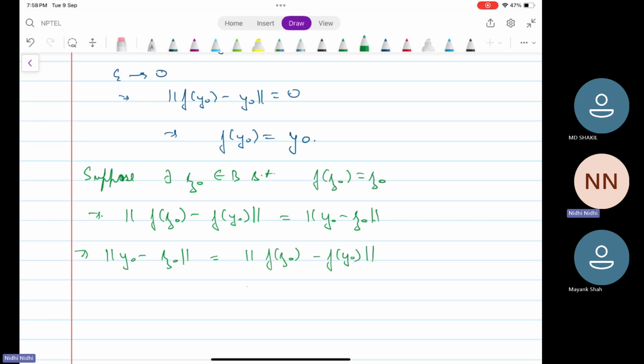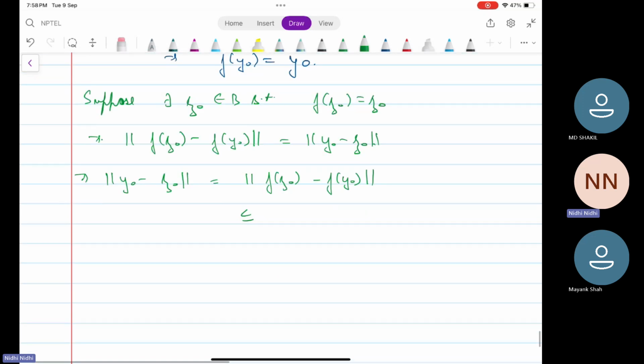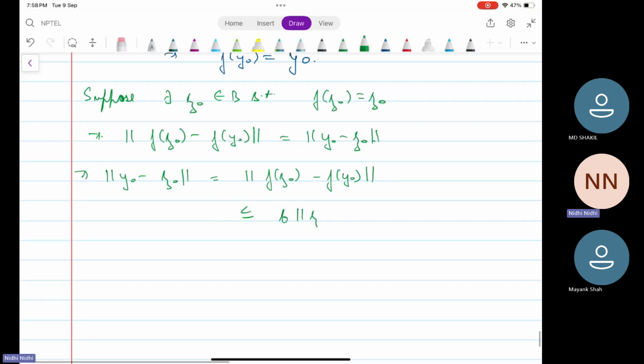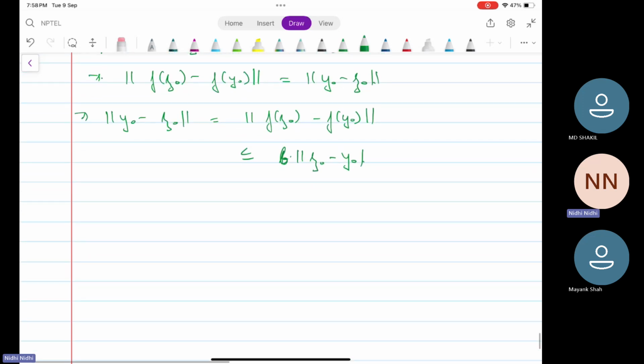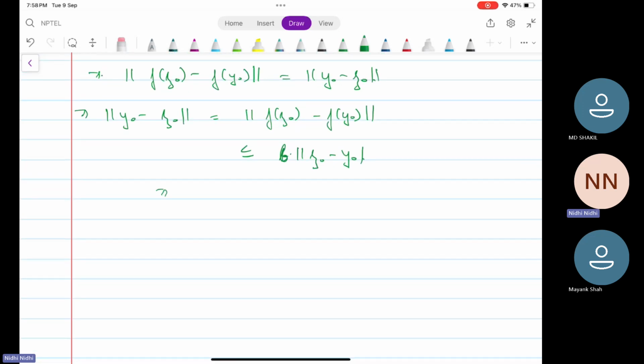And by the given condition on the function f, this is less than or equal to b times norm z naught minus y naught. So this can happen only if b equals 1. But we know that b is strictly less than 1. Since 0 is strictly less than b less than 1, we get a contradiction. Hence, we'll have a unique fixed point.